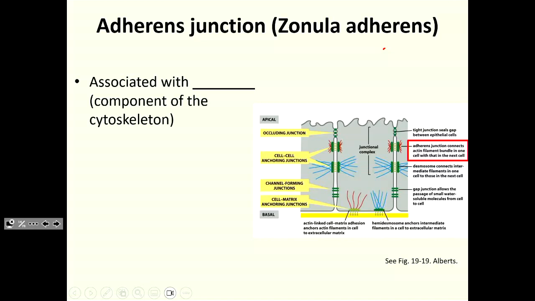And that just helps to strengthen the interaction. It's like a tug of war: if you have one person on a side versus multiple people, multiple people provide more stability. Then we have more strength, stability of that adhesion interaction. So for all of these that I'm going to tell you about, they all have a cytoskeletal partner.